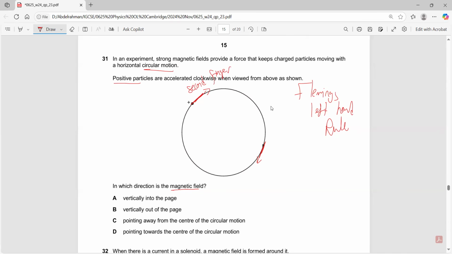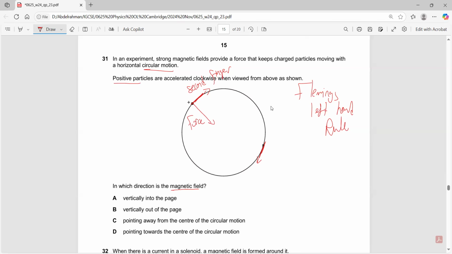How can I find the magnetic field? You have the force. How do I have the force? Isn't this moving in a circular motion? Yes, and when you are moving in a circular motion, the force is always perpendicular to the motion. It's always towards the center. This is the force. So you have your thumb positioned in this direction.